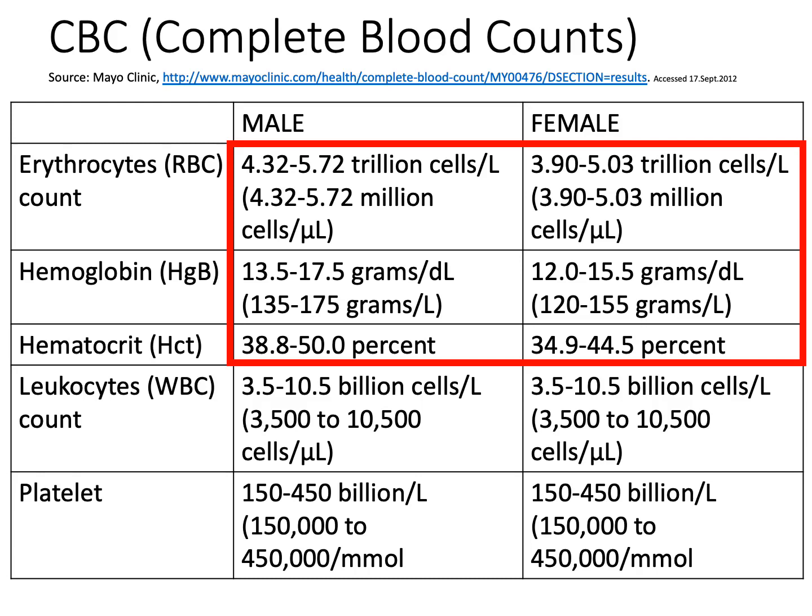The higher hemoglobin amounts is directly related to the higher erythrocyte amounts. Now notice with the leukocytes and with the platelets, there's no difference. We don't see a difference in the counts for leukocytes or platelets between the genders.